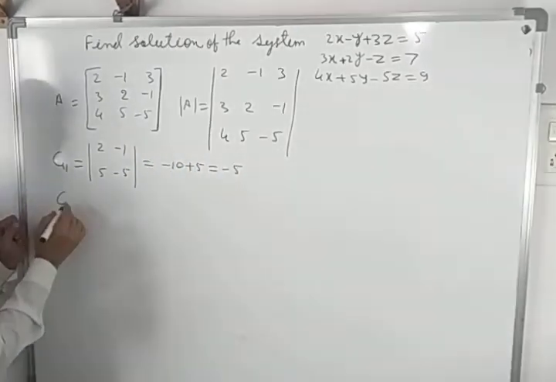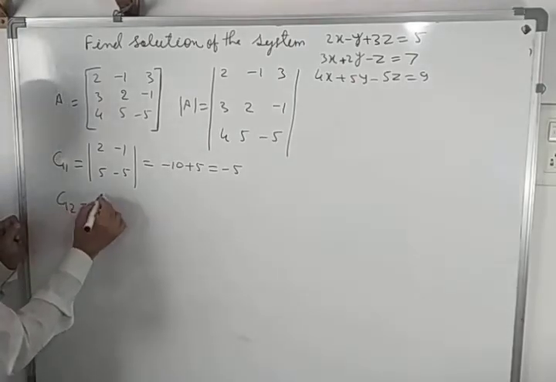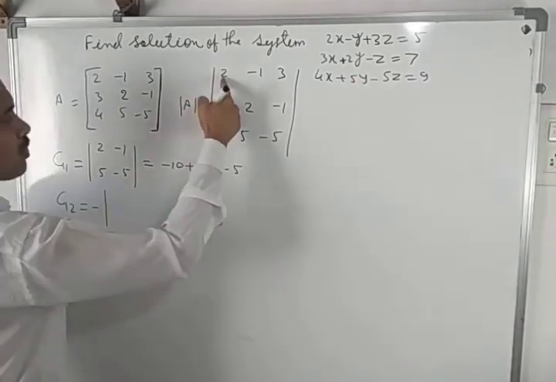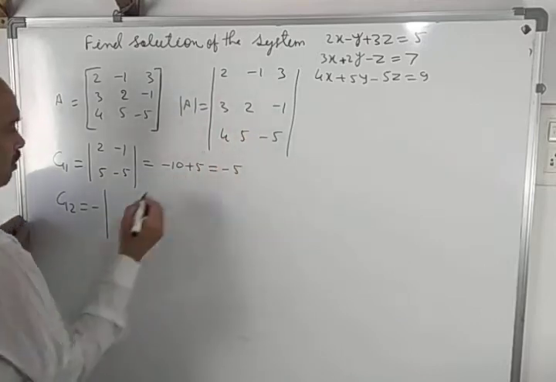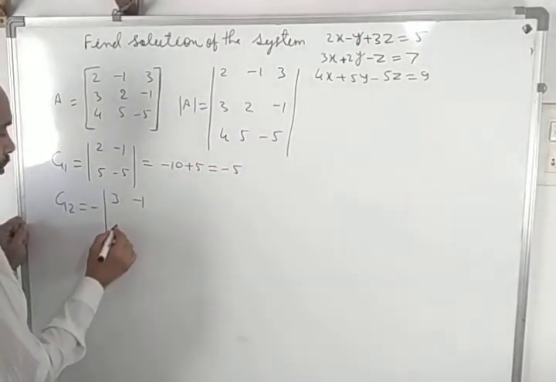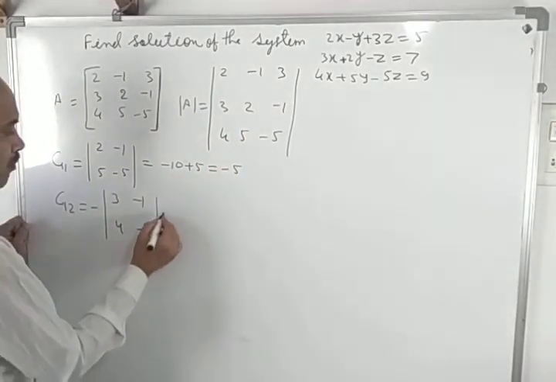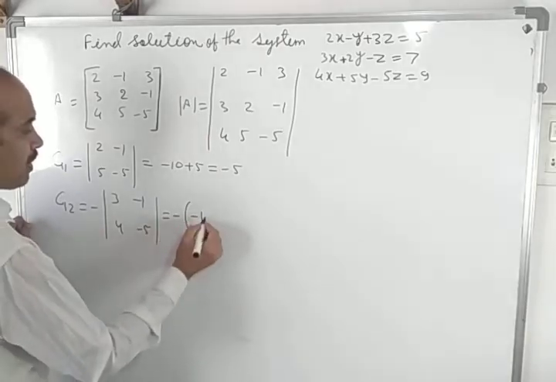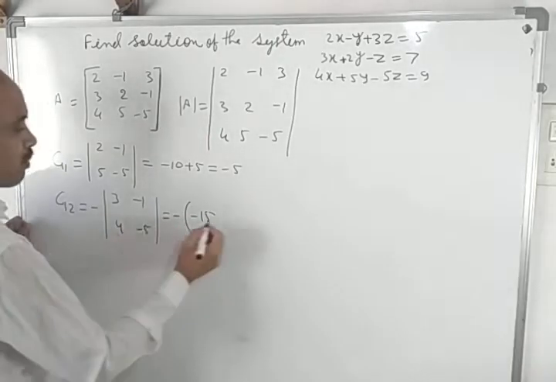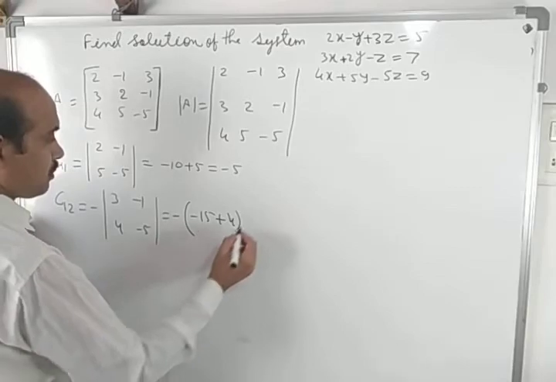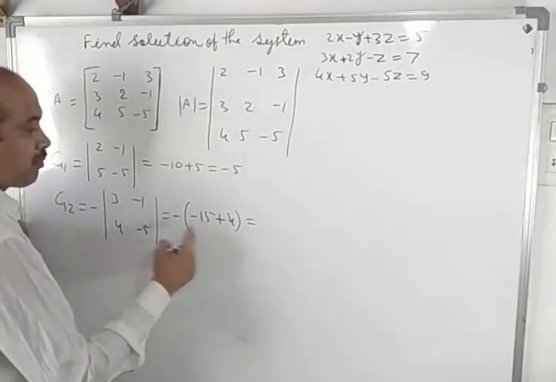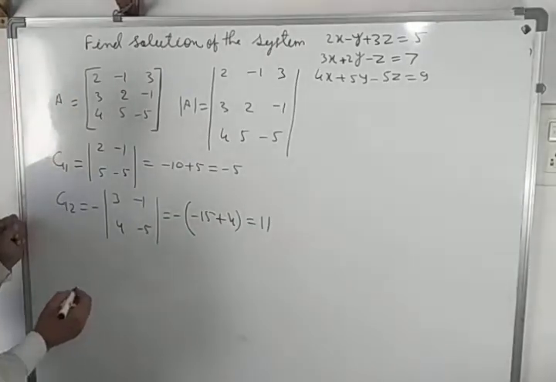C12, first row, second column, negative because odd number. So 3 minus 1, 4 minus 5, minus 15 and minus minus plus 4. So it will be minus 11, but because of this it is plus 11.